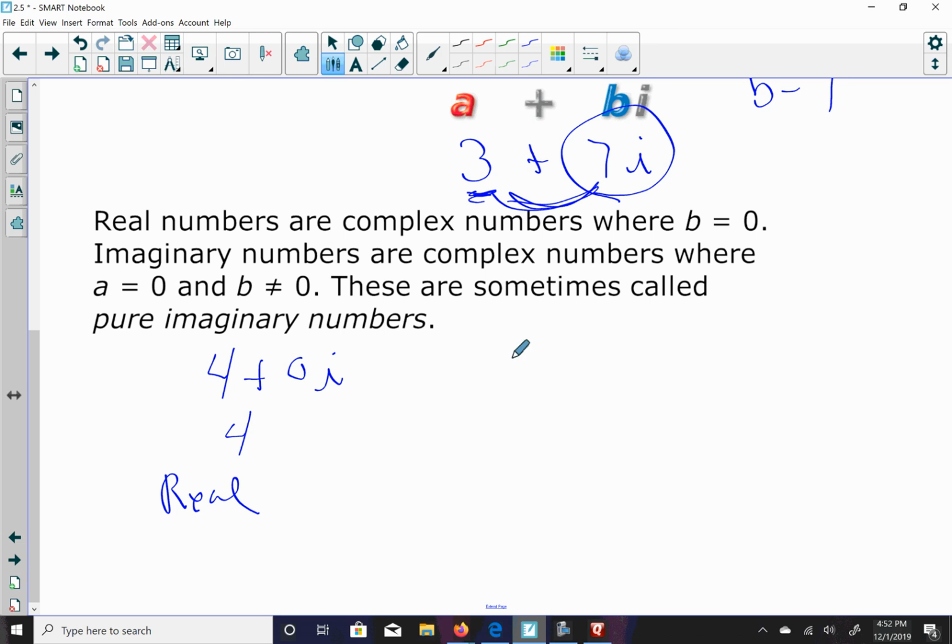If we have something like 0 plus 6i, here my real part is 0, and I just have the imaginary part. That's called a pure imaginary number. And then anything that has both a real part and an imaginary part, those are your complex numbers, your regular complex numbers.